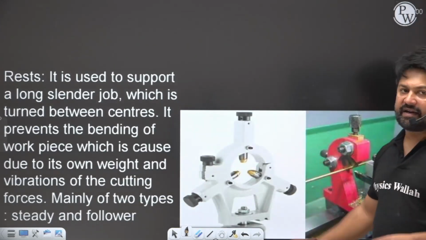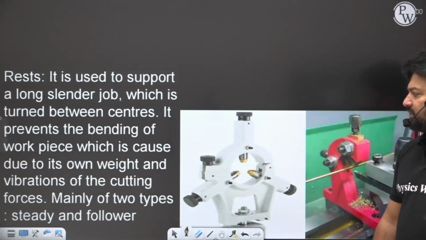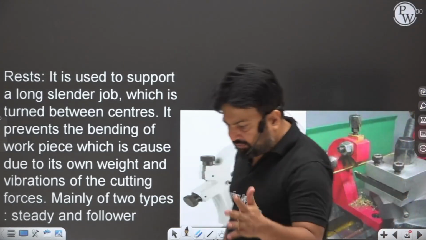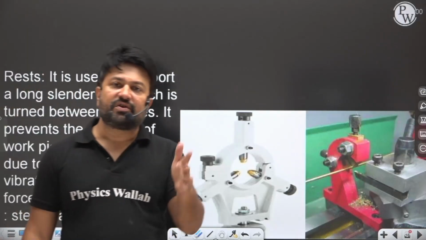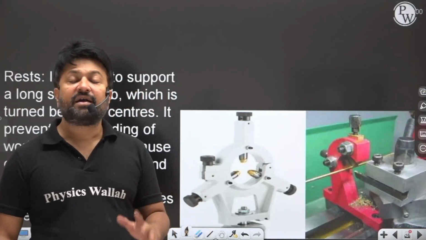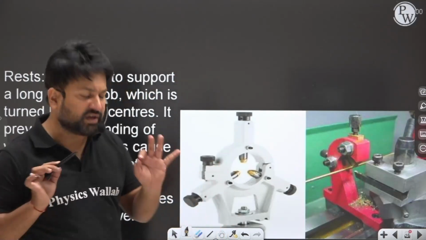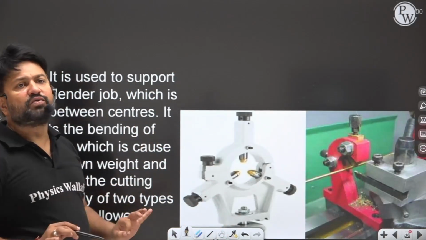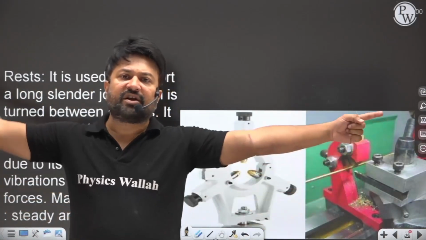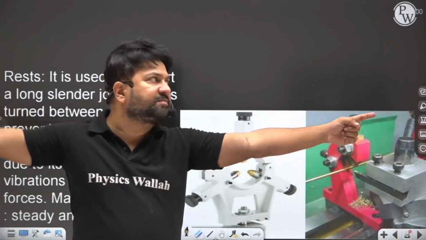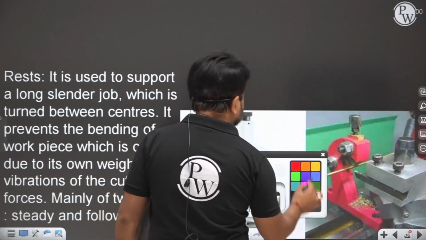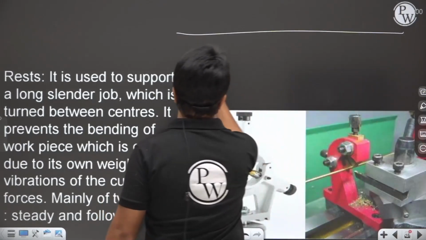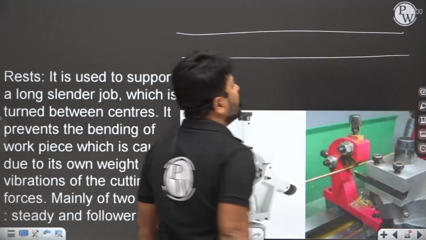Rests are of two types: a rest which moves along with the tool, and a rest which is fixed on the lathe, right? Why do we use the rest? The question is, sir, why do we use the rest? My dear, suppose the workpiece is very lengthy, a workpiece whose length is very large.